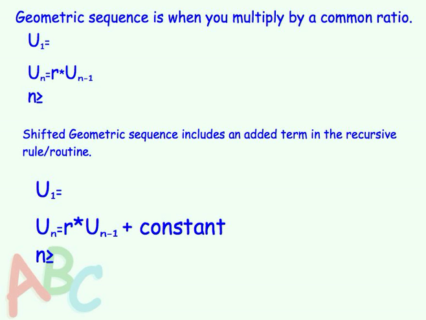So again, it still starts out the same. You still have to have a u sub 1 or u sub 0. You always need that starting value. And then you have u sub n equal to some constant common ratio times u sub n minus 1, but you're also now adding a constant. Okay, so let's add that also to your list of vocabulary. And again, that is shifted geometric sequence.